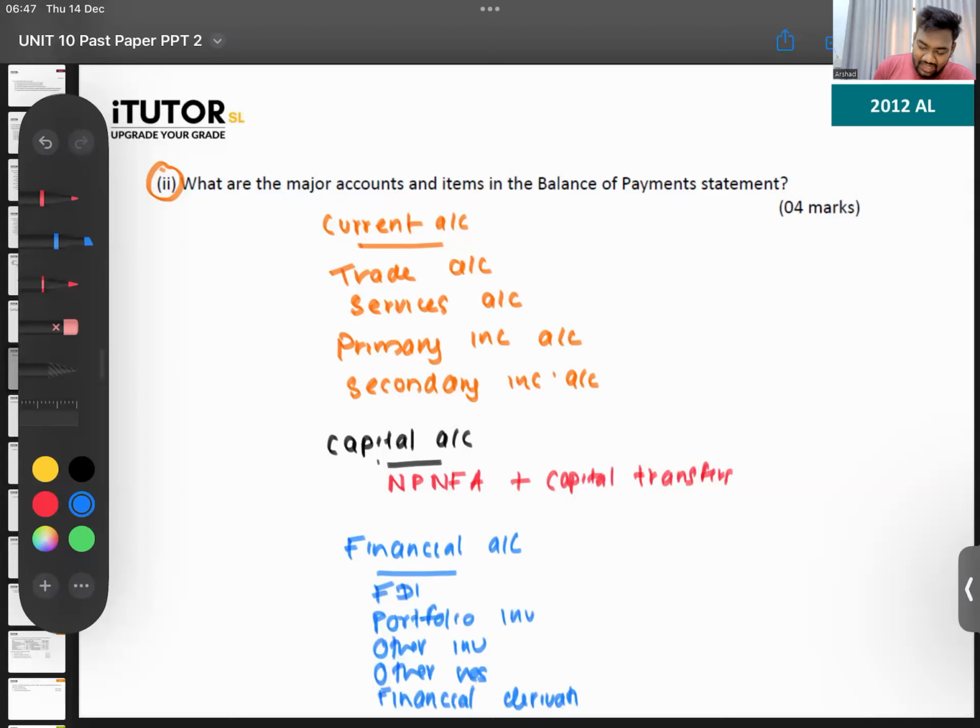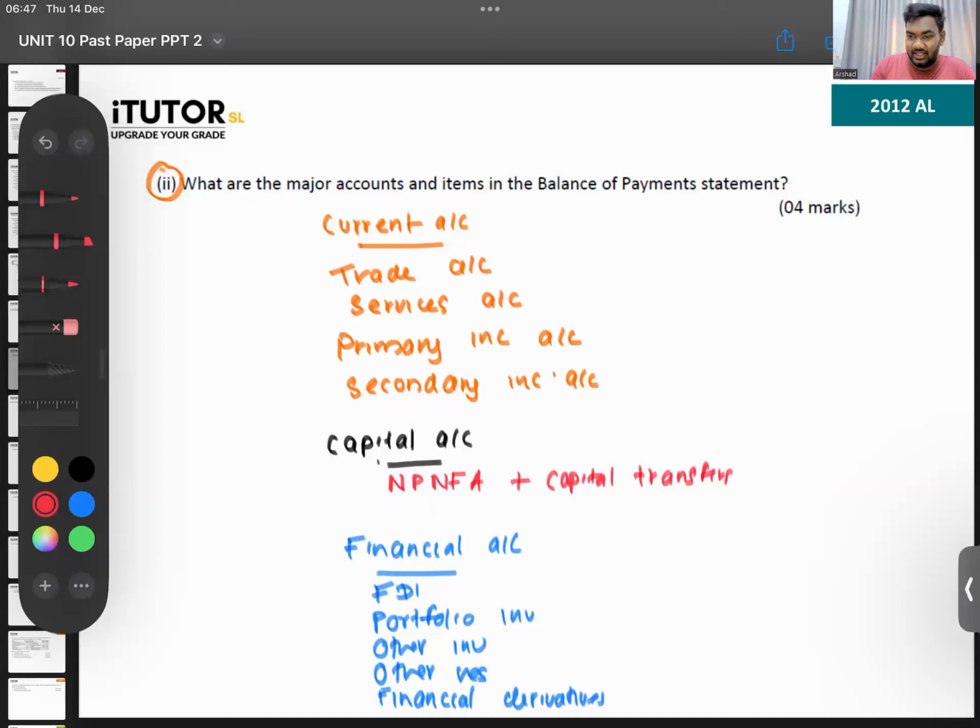In Sri Lanka, we don't have any derivatives at the moment, so that number is a 0. You can put that there. If you want, trade and service account, you can combine together and say goods and service account.